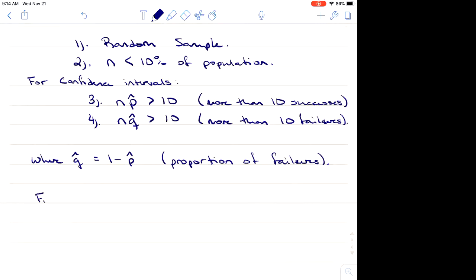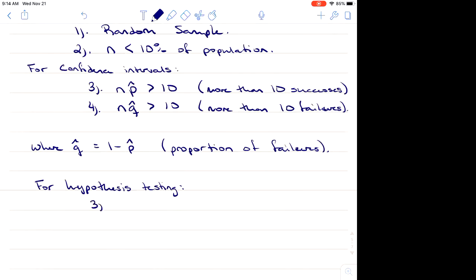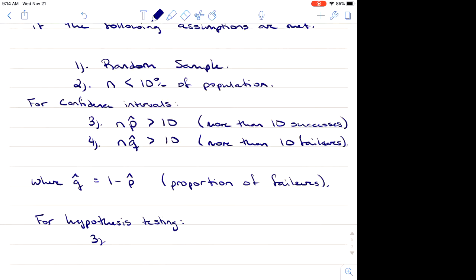For hypothesis testing, to check our assumptions, 1 and 2 are the same for both scenarios, right?